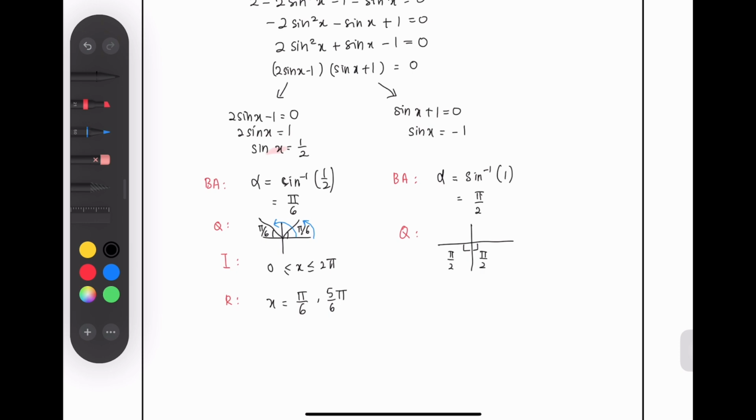For the interval, it's going to be the same, x is between 0 and 2 pi. But when we do the rotation, the first rotation is this, and also the second rotation. So the answer will be 3 over 2 pi only.